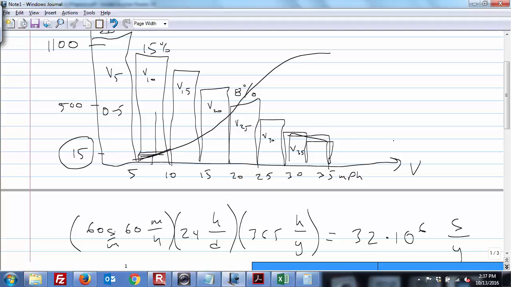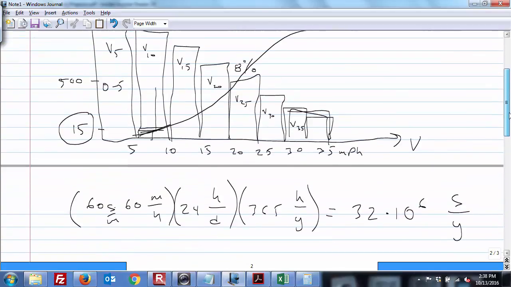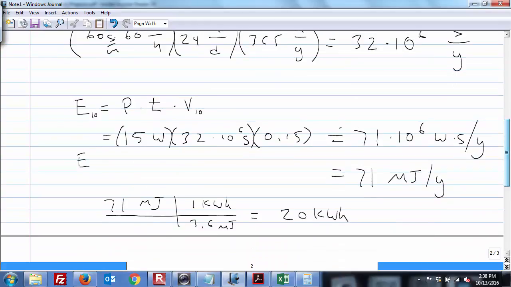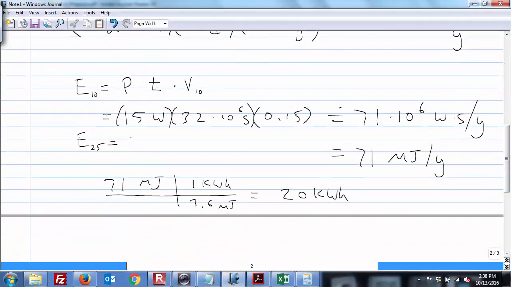So this is going to be E25. E25 equals, what did I say, 500 watts? Yeah, 500. So already we've gone up quite a bit.